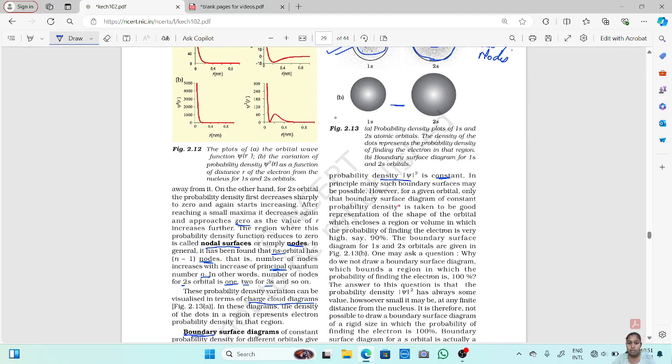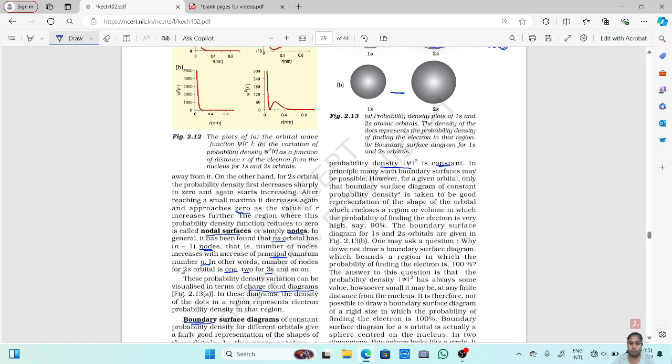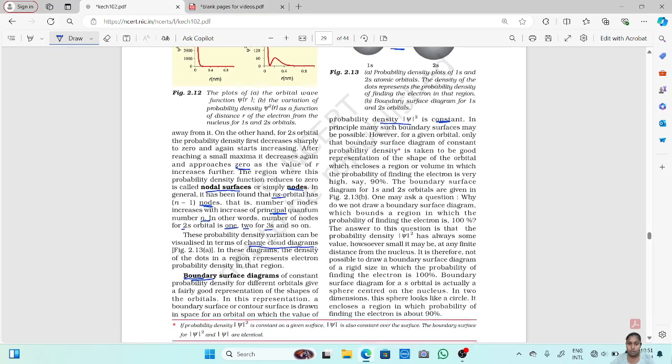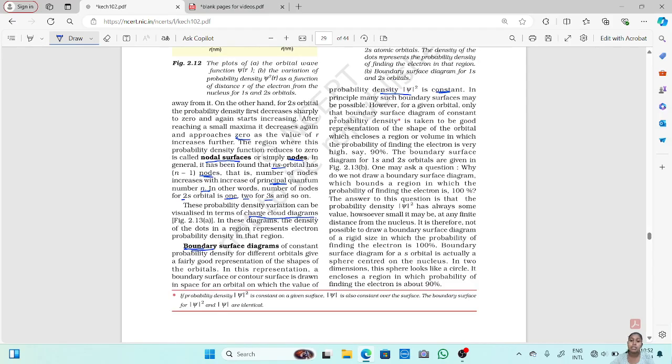Now the boundary surface diagrams for 1s and 2s orbitals are given here. As I showed you, this is 1s and this is 2s. Why is there a need to draw a boundary surface diagram that bounds a region in which the probability of finding an electron is 100%?